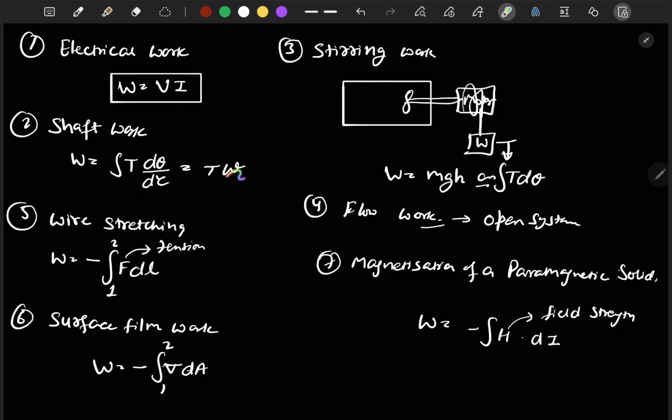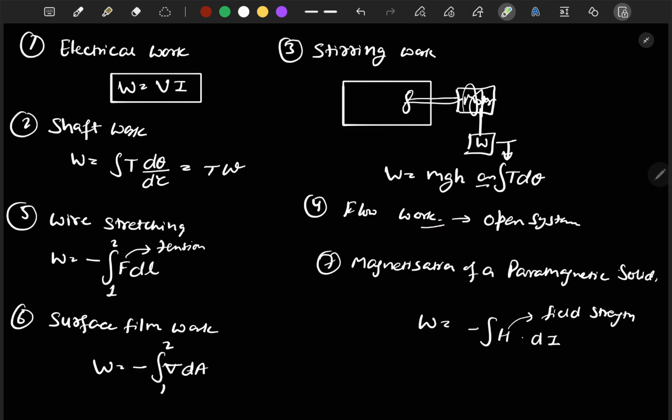If the angular speed is constant and torque is constant, you can directly use T omega. Next is stirring work. When you stir a system continuously, you can obtain work by mgh, the height to which the weight falls, or by T theta with respect to the motor.